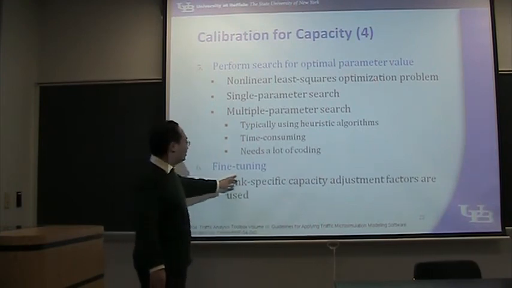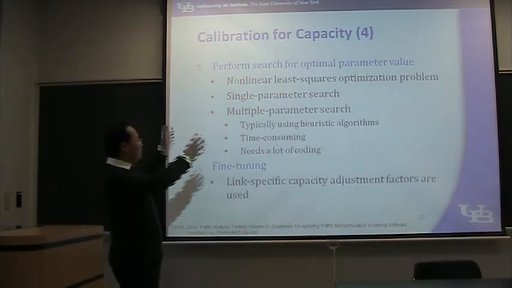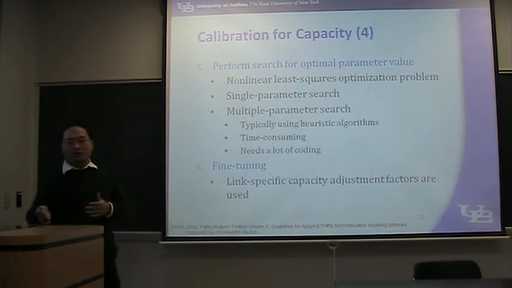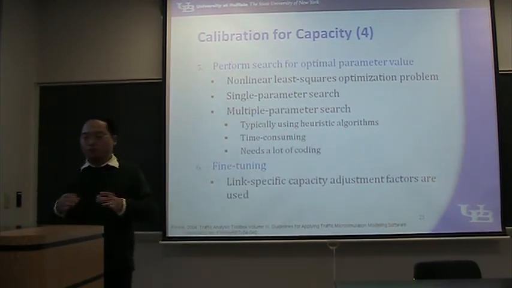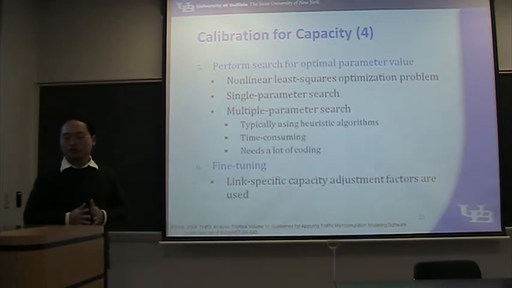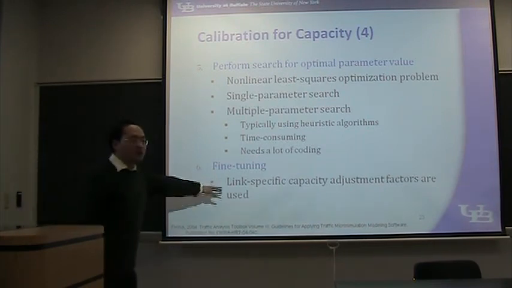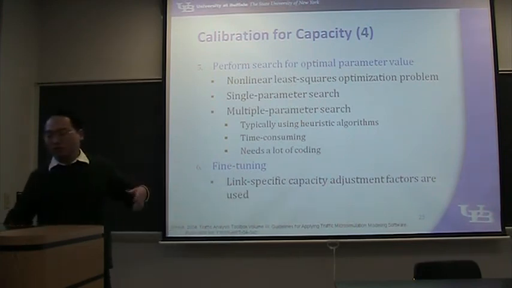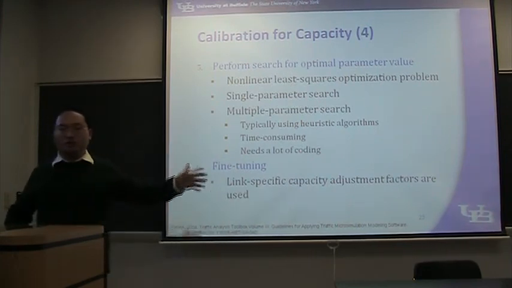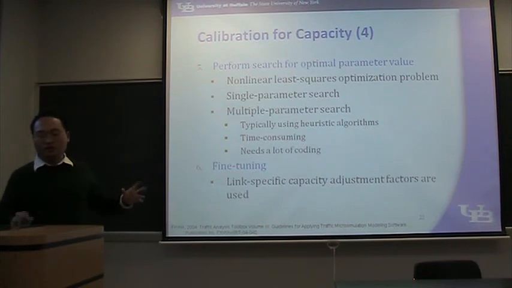In this step, after calibrating all these global parameters, you can modify some link-specific parameters, like link-specific capacity adjustment factors, if this is provided in your tool. So first, global optimization, global tuning, then fine-tuning.